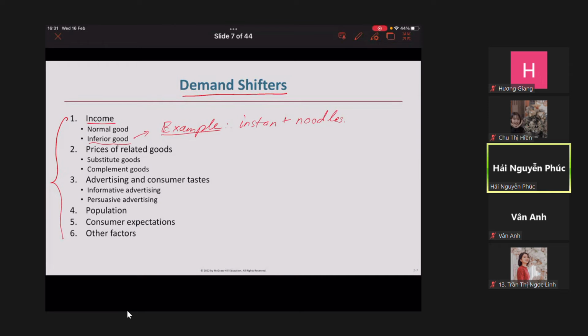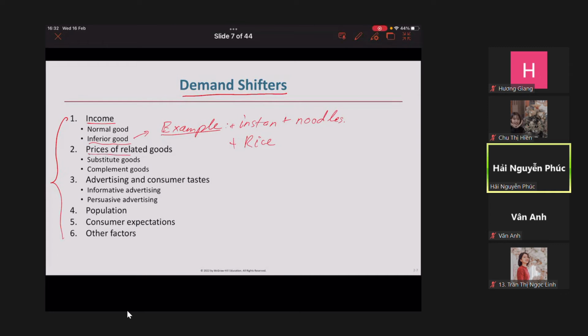Many people believe that rice might be regarded as an inferior good. Often when our income increases, we consume less rice. So pay attention to the fact that there are various examples of inferior goods around us, right?